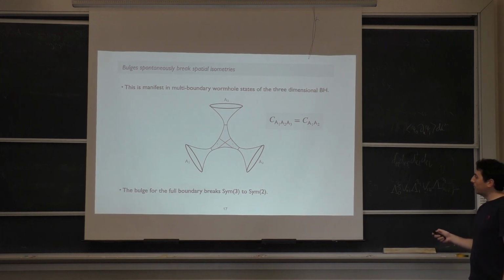However, if one tries to use the minimax prescription for the full boundary, the RT surface for the full boundary is obviously empty because this is a pure state. The constriction for the full boundary is the union of the three horizons. And the bulge for the three boundaries breaks the permutation symmetry of the state into a subgroup.